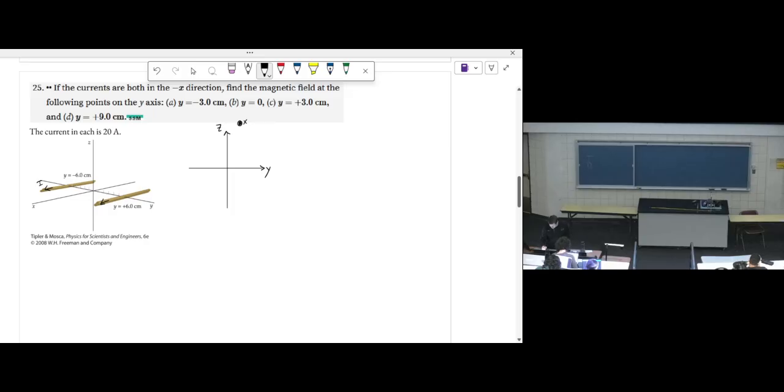Out of the page, not into the page. And that means that one of my lines of current looks like this, and the other one looks like this. And P sub A then is going to be here. P sub B is going to look like so. P sub C like this. And then the point P sub D would be somewhere out here.